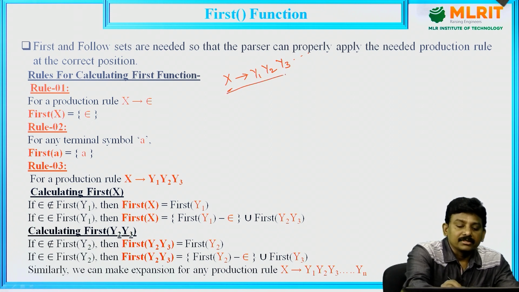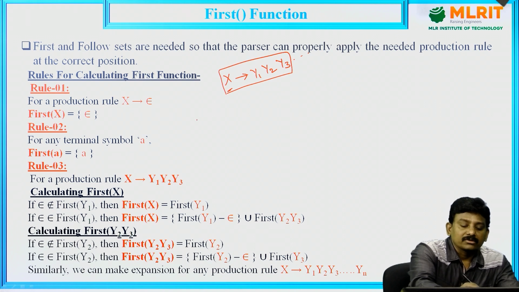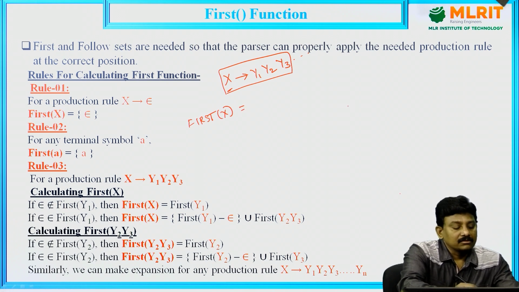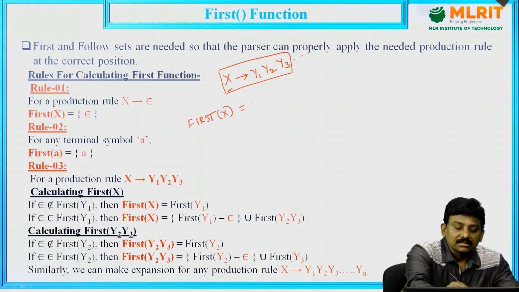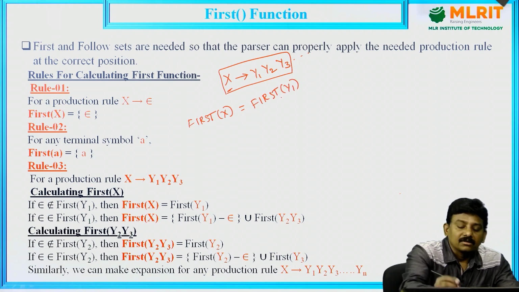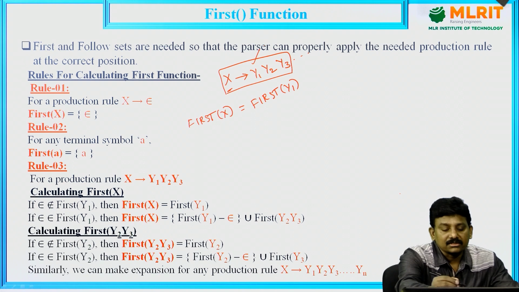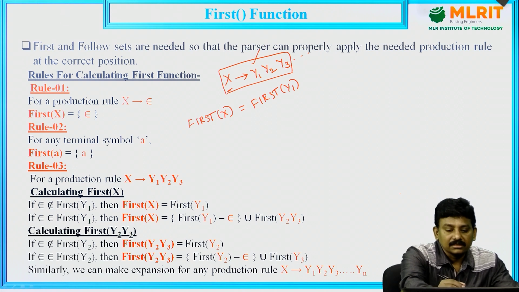If the rule is in this form, we calculate first of X. First of X is first of Y1. Y1 is the first symbol of the RHS, whether terminal or non-terminal.